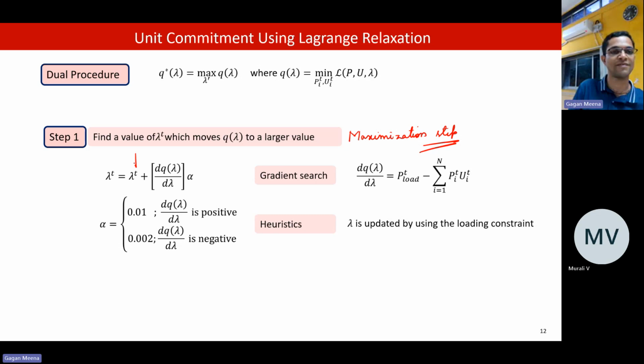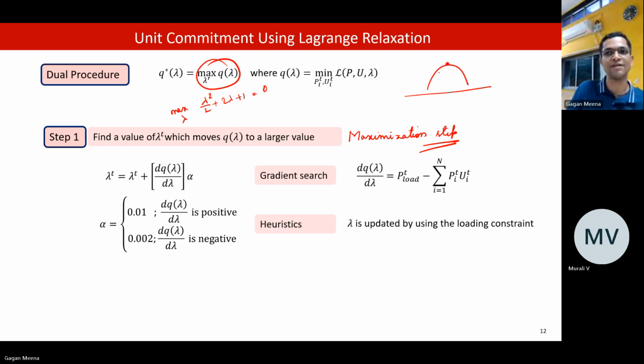If we have a function in terms of lambda, maybe some minus lambda squared plus 2 lambda plus 1, and we want to maximize this function with respect to lambda, then we can differentiate it and put it equal to 0. And we have seen that we can do that. We can find out the lambda. Yes, it's a non-linear function, right? And we want to maximize. We want to find this value. And for all nonlinear functions, we need to provide an initial guess. So if we start here, then we should finally reach up to here.